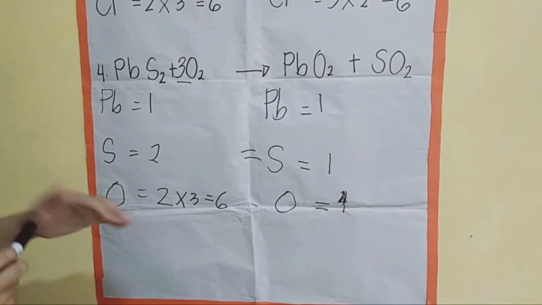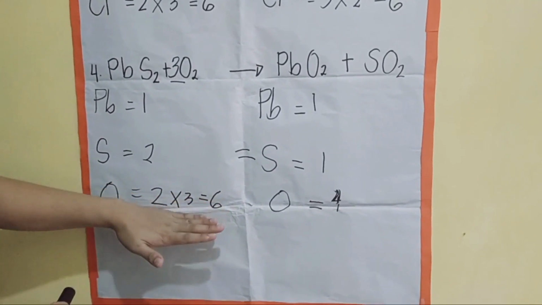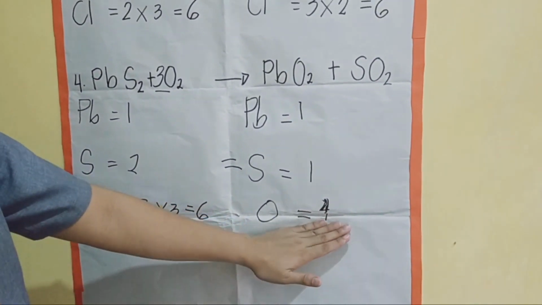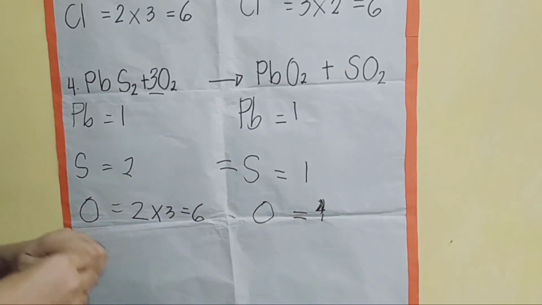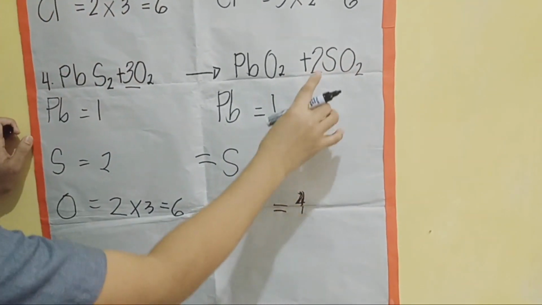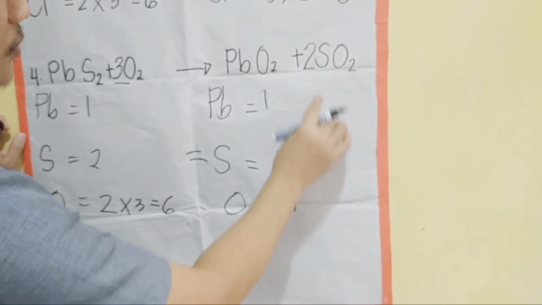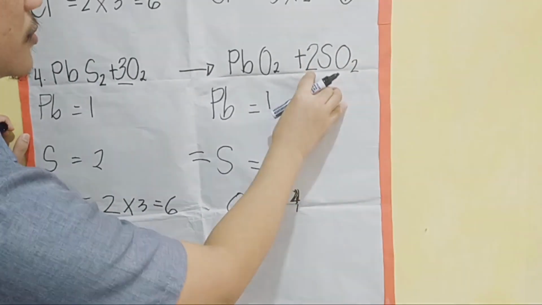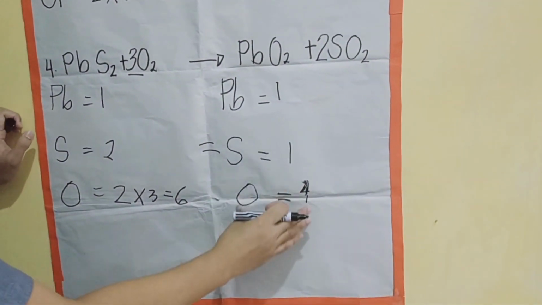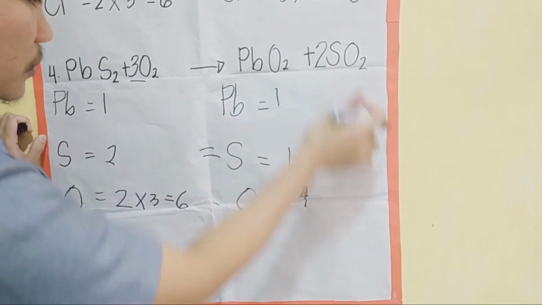And since we have 6 atoms of oxygen at the left side, we should have 6 atoms at the right side. So, we are going to add 2. No, we already have 4 atoms of oxygen at the right side. 4 plus 2, because the operation is 2.